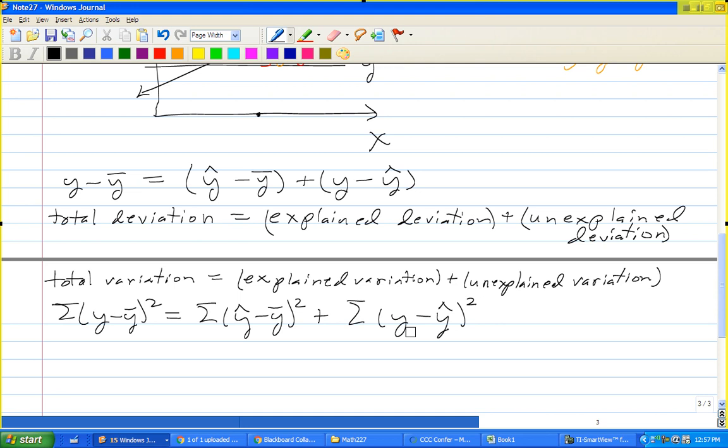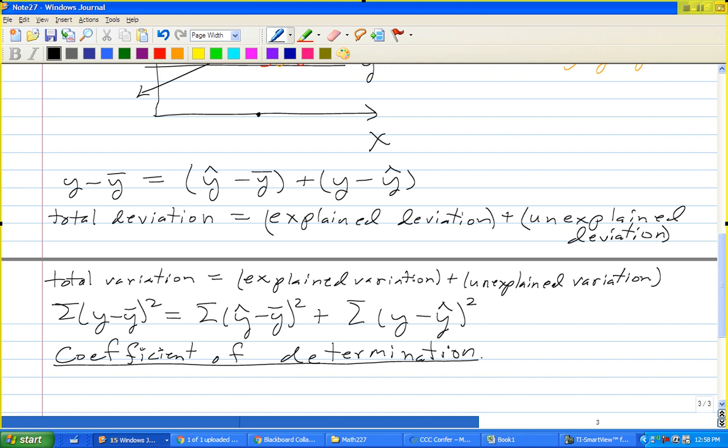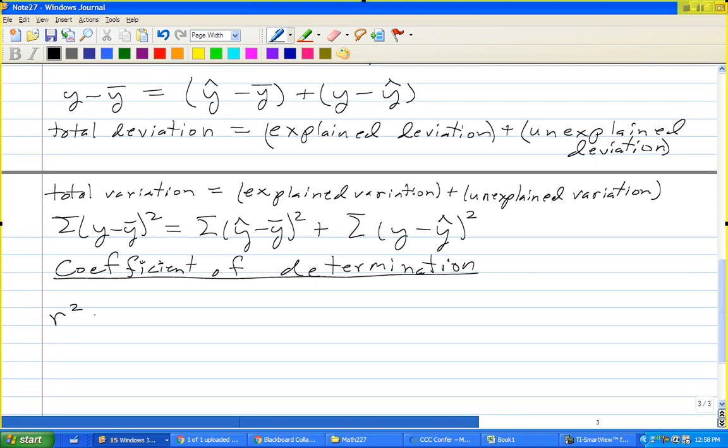Now, we make the following definition. The coefficient of determination, which turns out to be the square of the linear correlation coefficient, is just the sum of y hat minus y bar squared over the sum of y minus y bar squared.